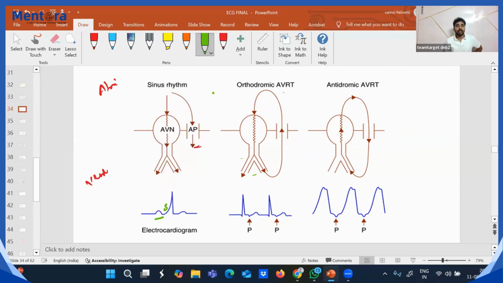In orthodromic AVRT, you can remember a mnemonic. In the orthodromic pathway, the impulse goes through the AV node anterogradely. From the atria to the ventricle it goes through the AV node, and from the ventricle to the atria it goes through the accessory pathway. That's called the orthodromic pathway.